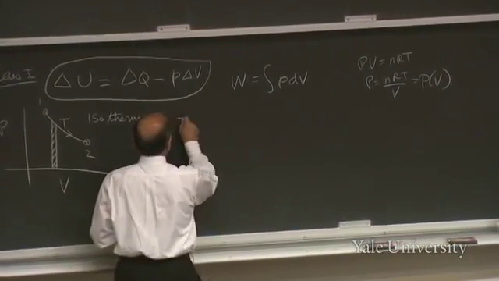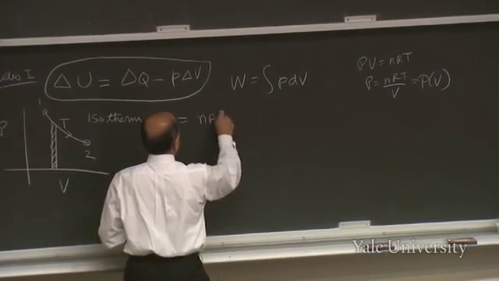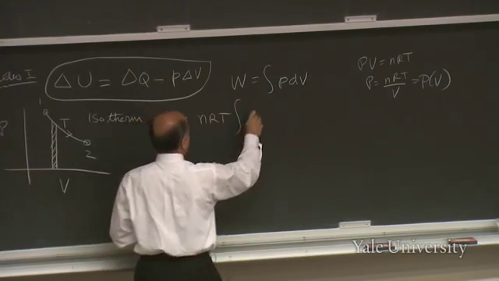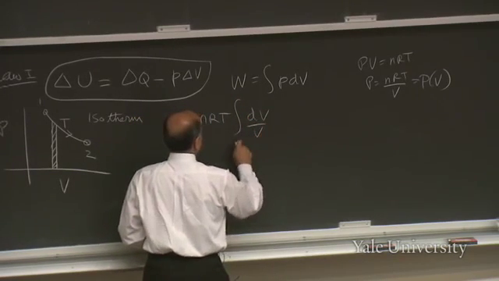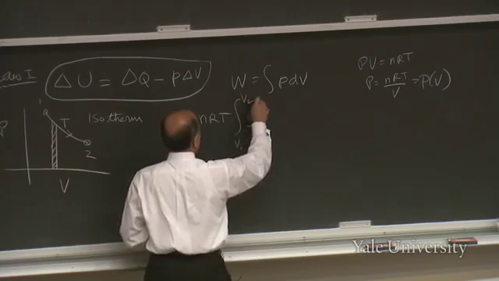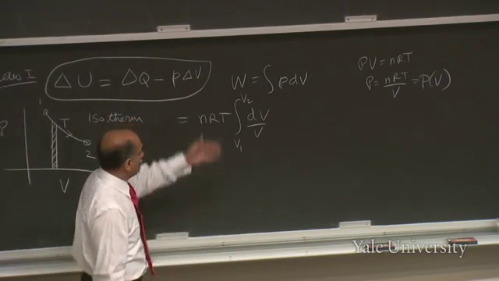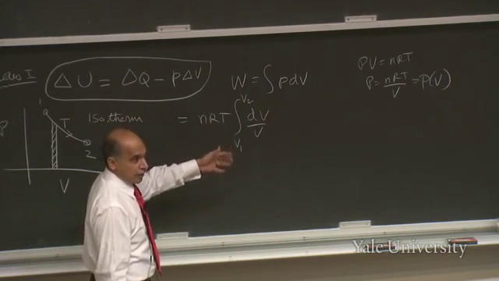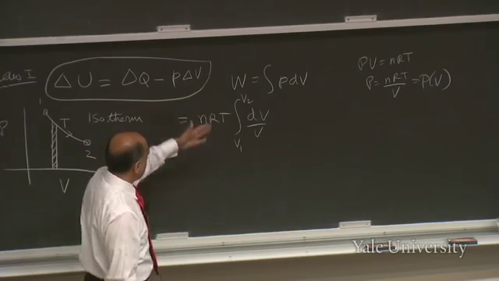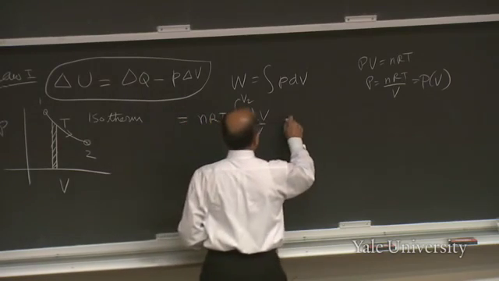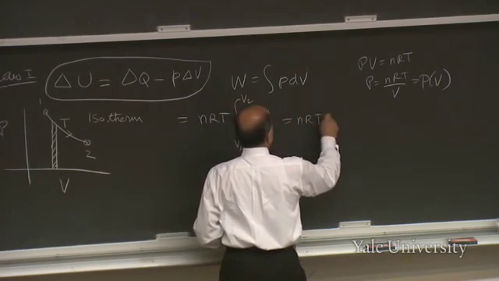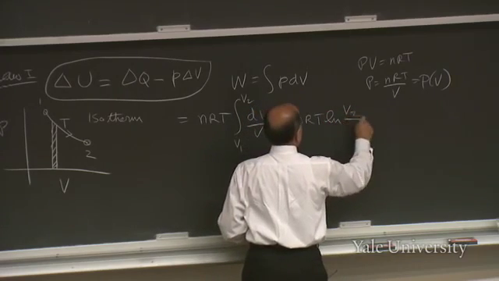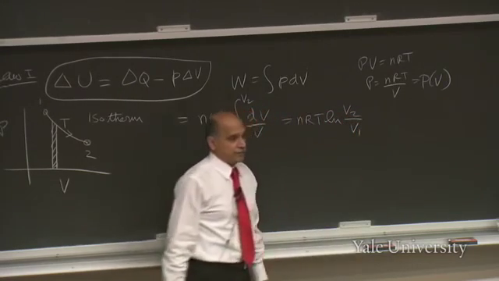And if you did that, you will find it's nRT. All of them are constants. They come out of the integral, dV over V, and I integrate from the initial volume to the final volume. And you guys know this is a logarithm. And the log of upper minus log of lower is the log of the ratio. And this gives me nRT log V2 over V1.